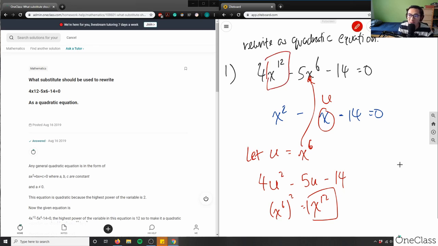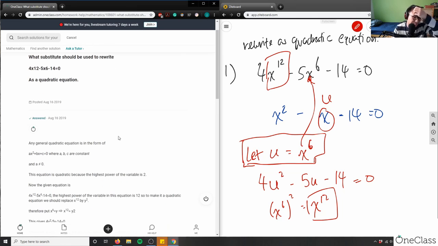I need to make this u substitution, so I would get 4u squared minus 5u minus 14 equals 0. This is my quadratic equation, and you can see my highest degree is squared. So this is my correct answer, 4u squared minus 5u minus 14, with the substitution let u equal x to the power of 6.